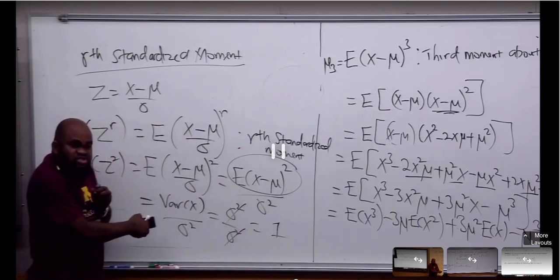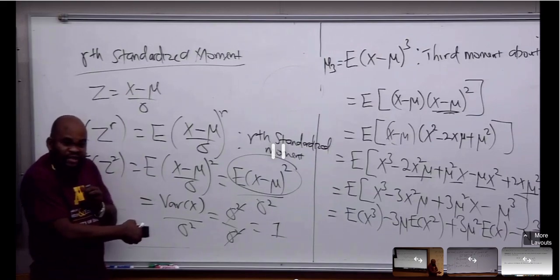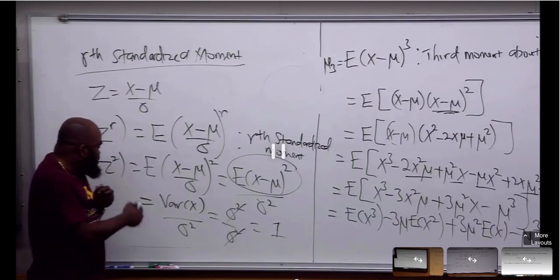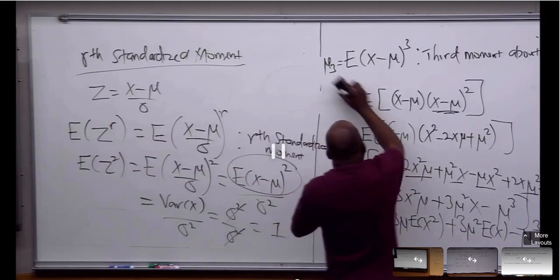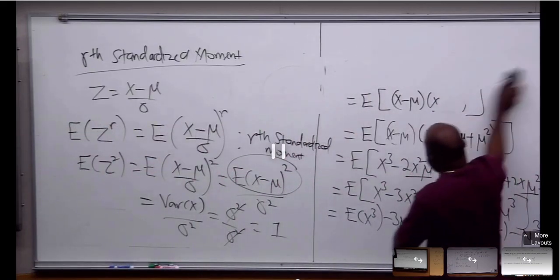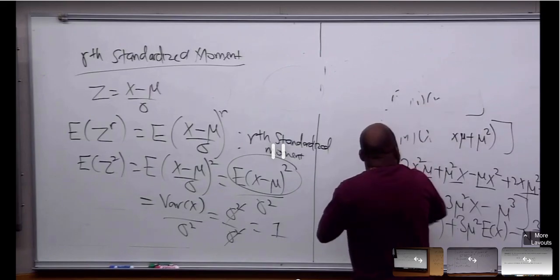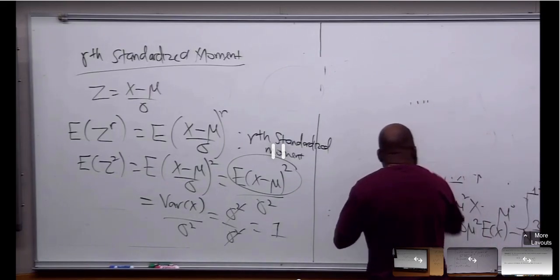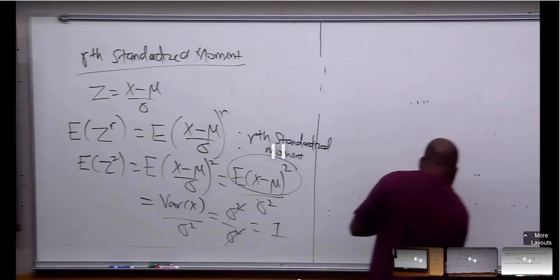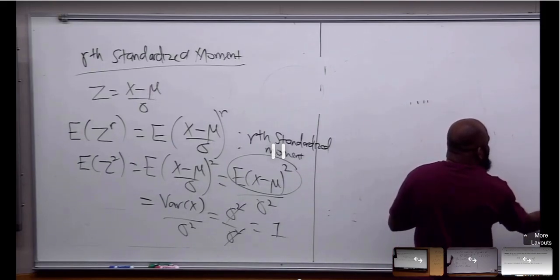Now, this is also not of interest to us right now. You know what is of interest? The third standardized moment. Like I said, the first standardized moment is going to give us 0. The second standardized moment is giving us 1. And the third standardized moment is what I want to talk about right now.